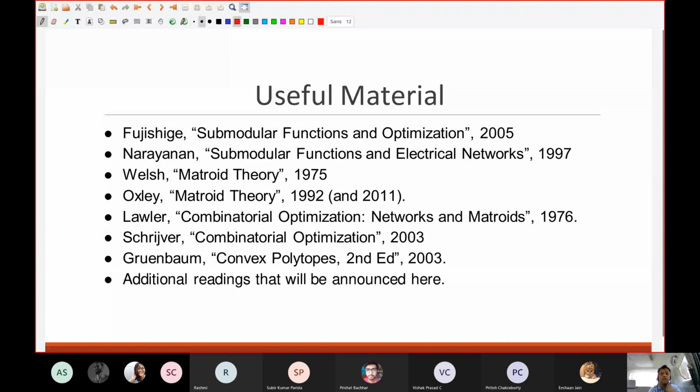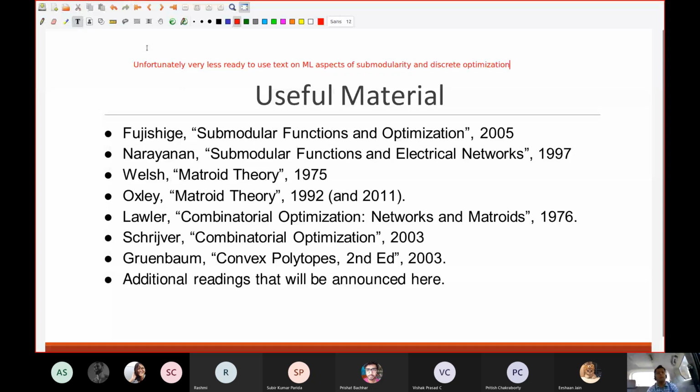Very few, and I would say even for discrete optimization. But these are useful anyway.